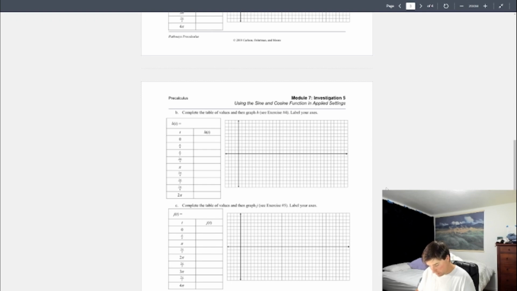Oh, it's sine. So k of t equals sine of 3.8t, and then times 2.3, whatever the value of that sine is.